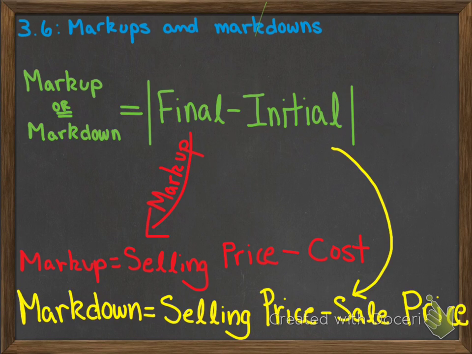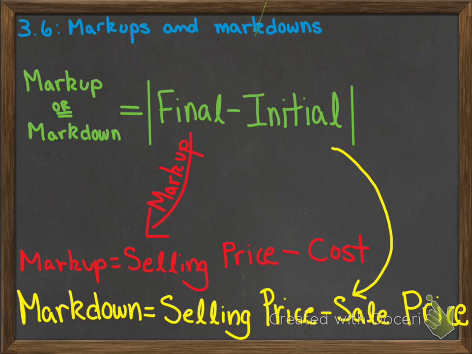For markdown, it's the same idea. It's the absolute value of final minus initial, but for markdowns, the store already has the merchandise. They already have the shirt or the shoes or whatever, and it's already at the selling price, but now they're going to take out the markdown. They're going to subtract that out to get you the sale price.